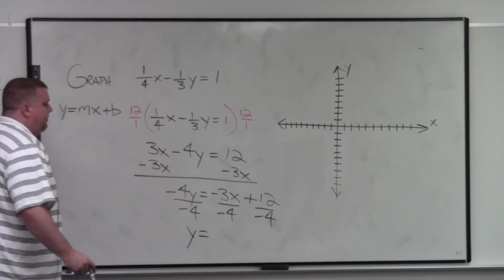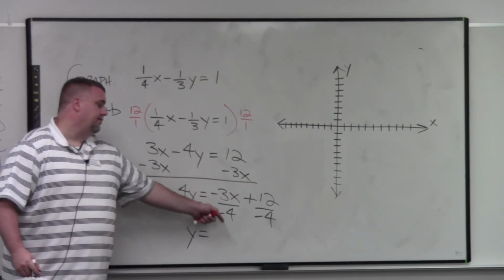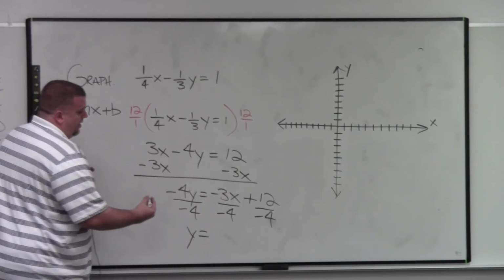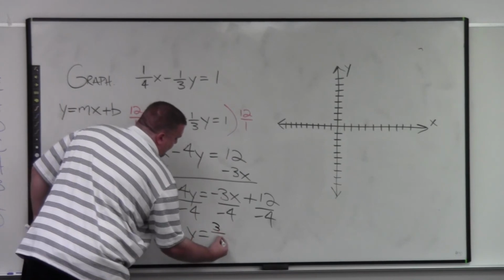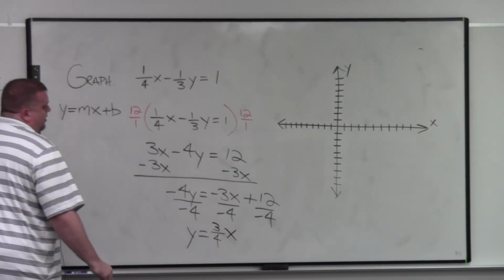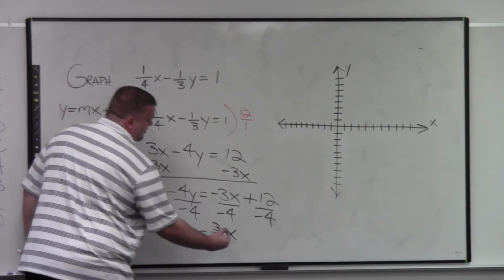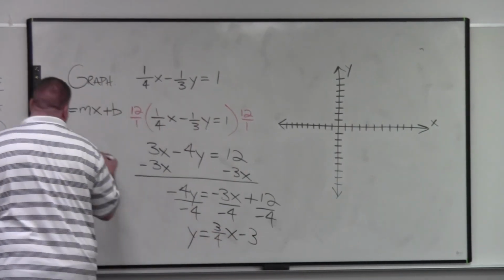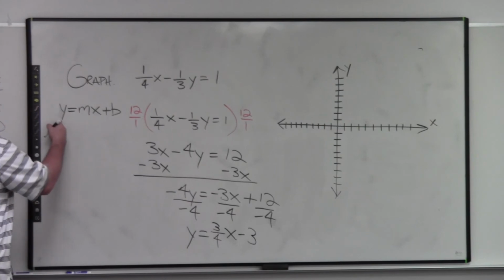So I have a negative 3/4, or a negative 3 over a negative 4. It is a positive because I am still dividing a negative by a negative. And then what's 12 divided by negative 4? Negative 3. So I've got y by itself.